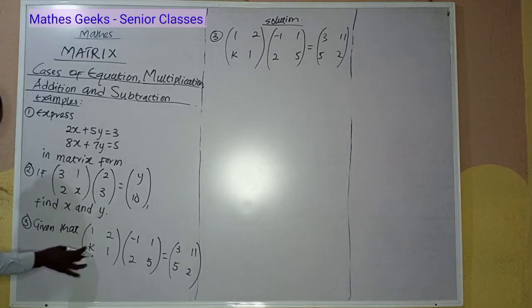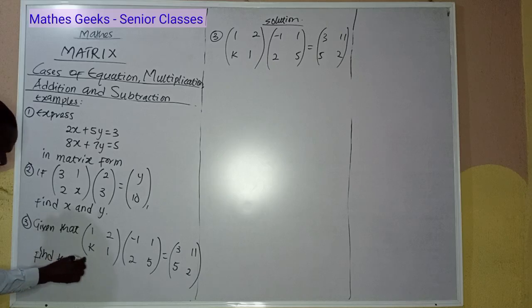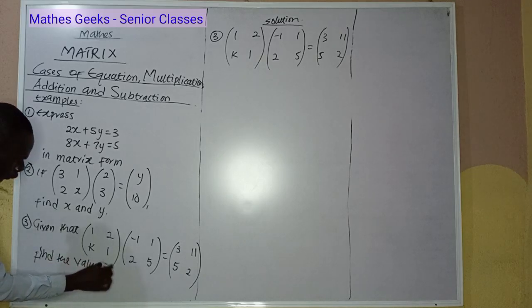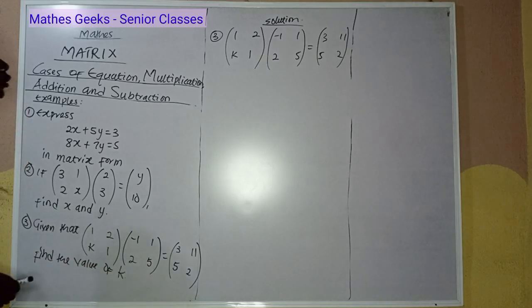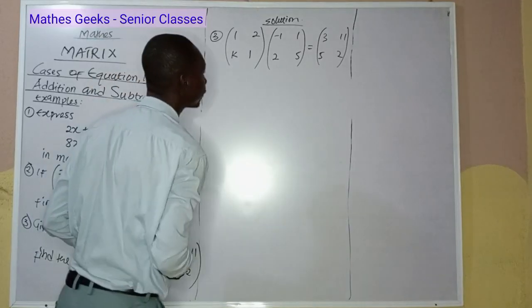I think it's supposed to say find the value of k here. So we're going to find the value of k here.